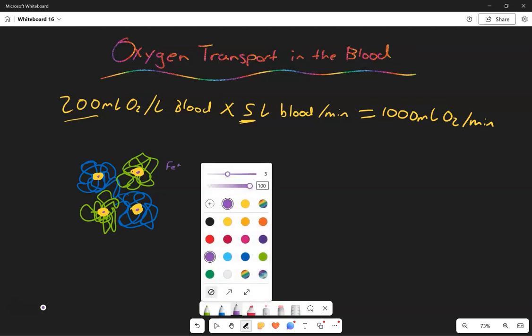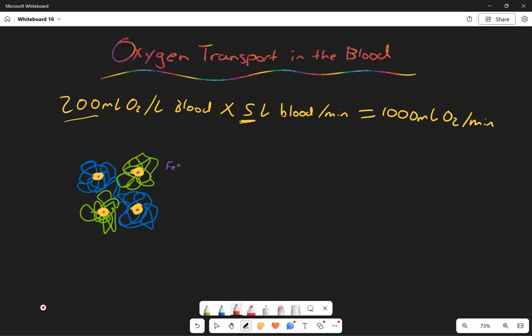Okay, now one oxygen can bind to each one of those iron molecules. So each hemoglobin protein is capable of transporting 4 oxygen molecules.